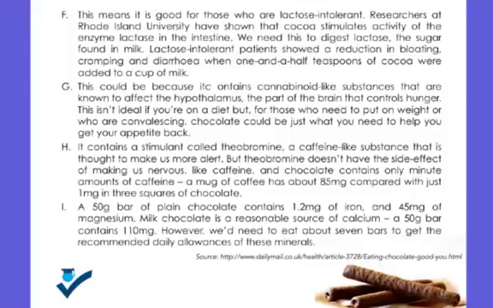You cannot find the word nutritious in this paragraph, but you can tell from the description it contains 1.2 milligrams of iron, 45 milligrams of magnesium. It's a reasonable source of calcium. We need to eat 7 bars to get daily allowances of these minerals. So it breaks down what chocolate contains.